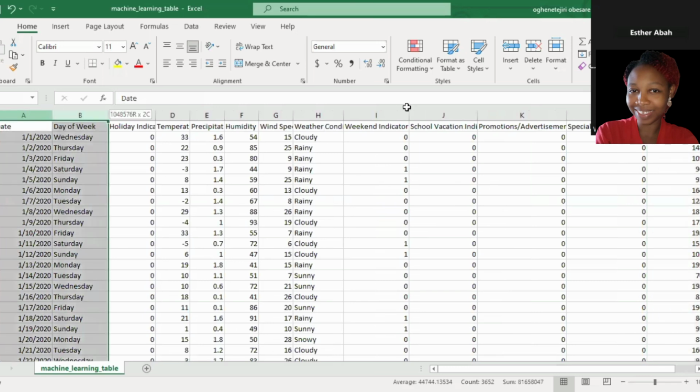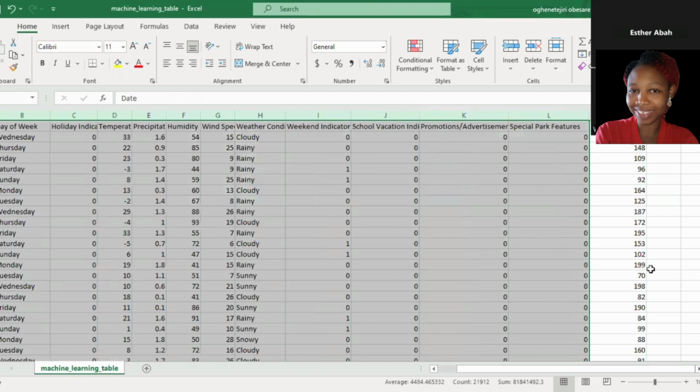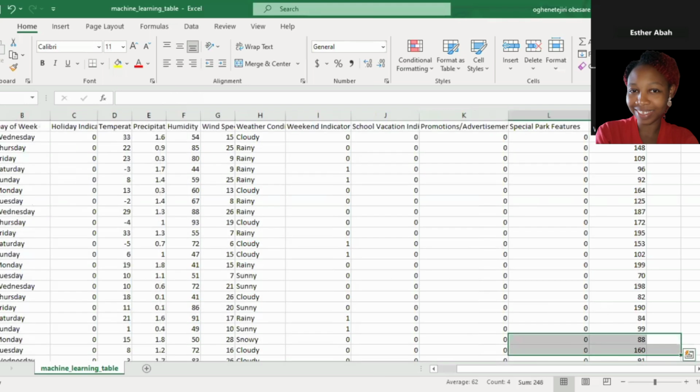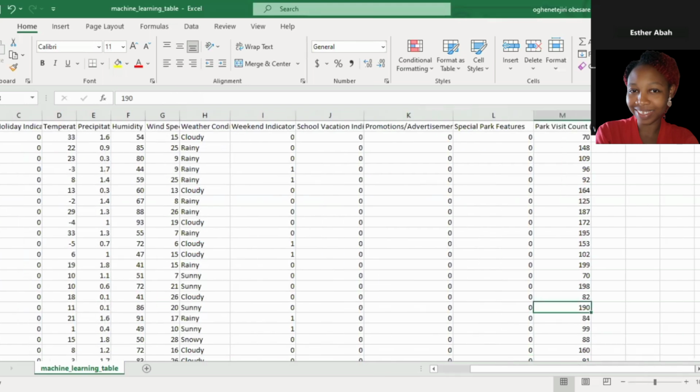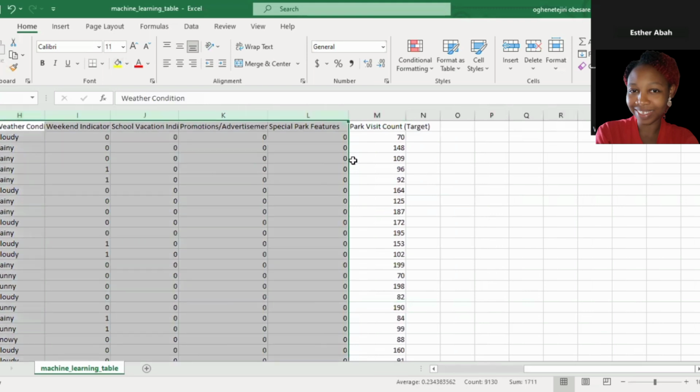From the beginning of the data set to this place are your X variable. So how many X do we have now? J is 10, 11, 12.